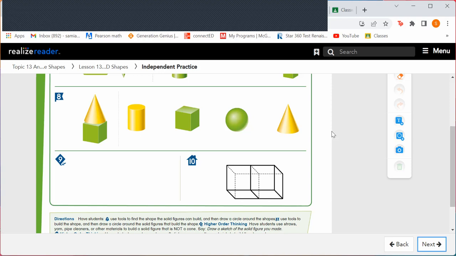After you build it, you're going to draw a sketch of the solid figure that you made for number 9. And for number 10, you are going to use straws, clay, craft sticks, paper, or any other material to build the shape that is shown for number 10.